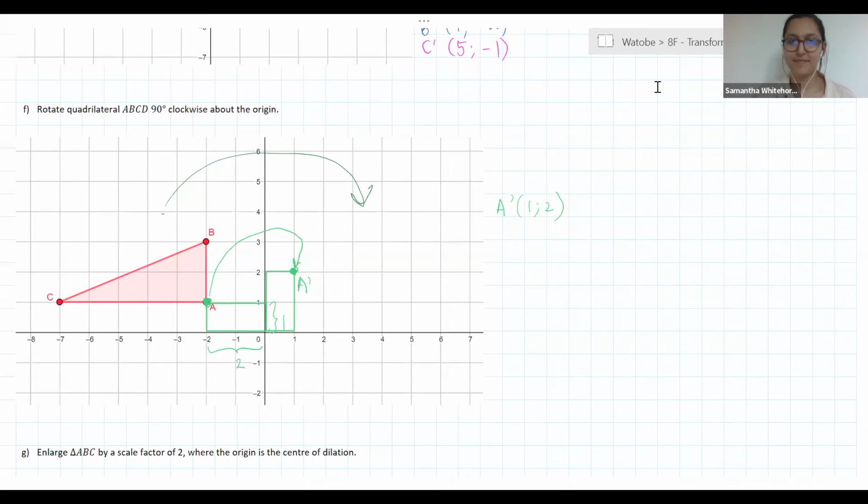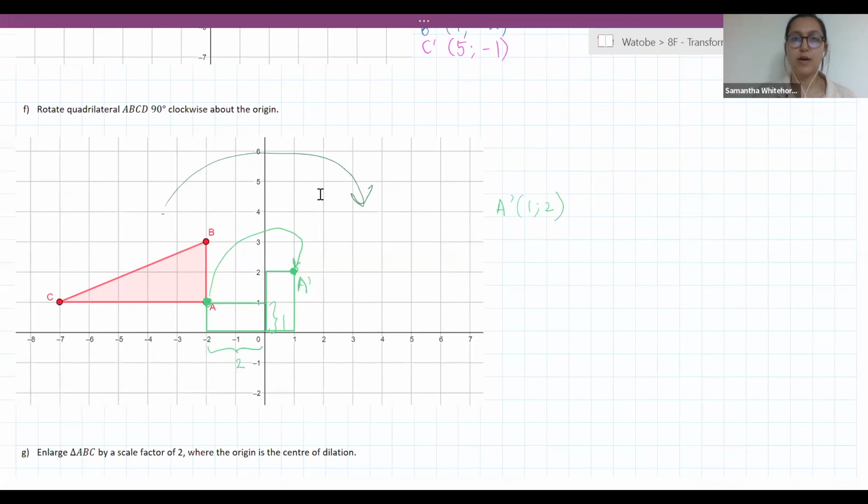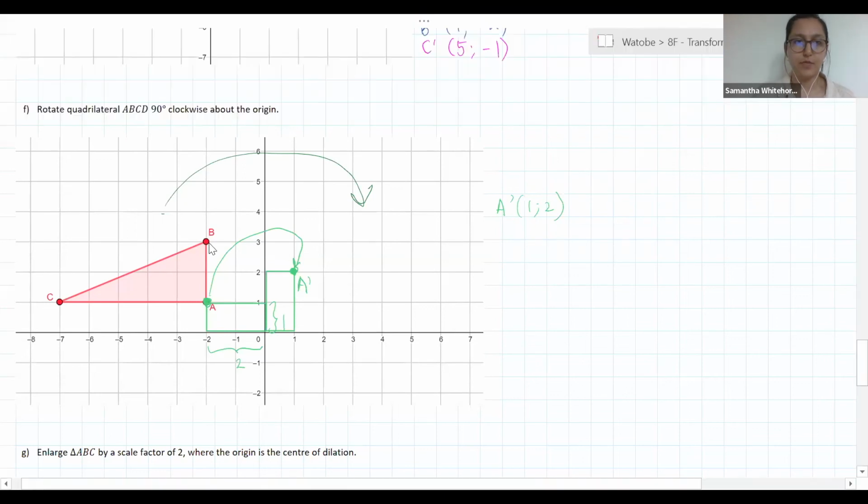Ma'am, I said it's 30, is it? Why 30? So if we draw our rectangle here from B, do you agree it's that purple rectangle that I've just put in there? Yes, ma'am.